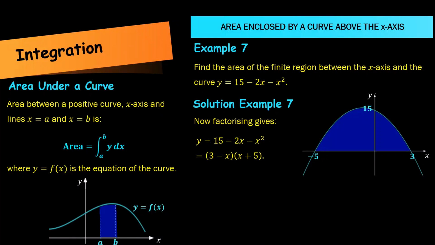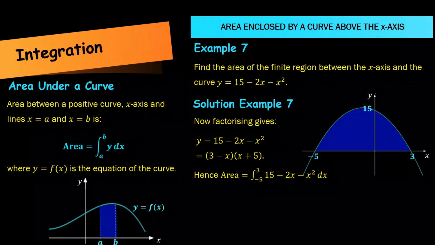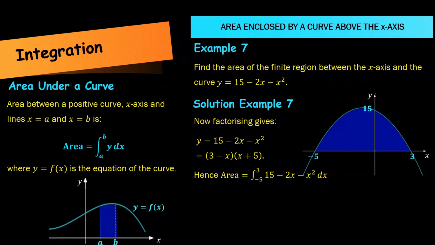Therefore, if we're wanting to find the finite region between the x-axis and the curve, we're looking for the region between -5 and 3, which is below this curve. So area equals the integral from -5 to 3 of 15 minus 2x minus x squared dx.